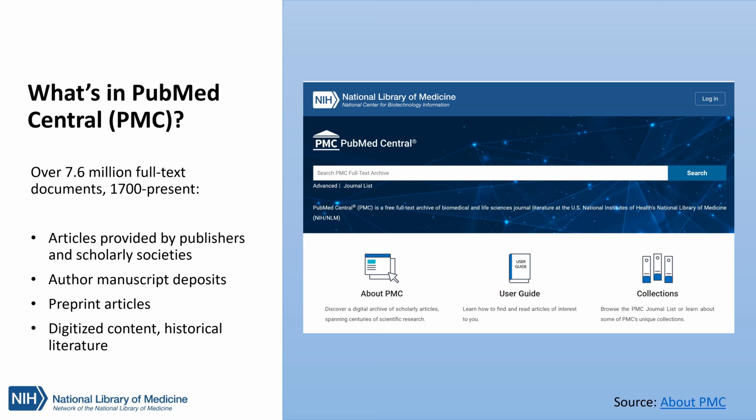And a lot of those deposits are author manuscripts. There are preprint articles in PubMed Central and digitized content. And the digitized content is mainly historical. And in the next few slides, I'm going to cover these types of articles in more detail.